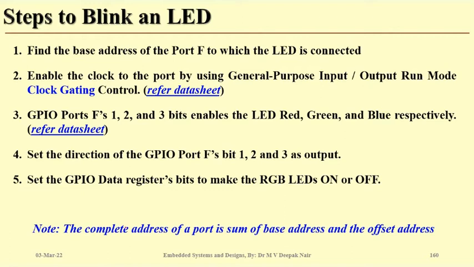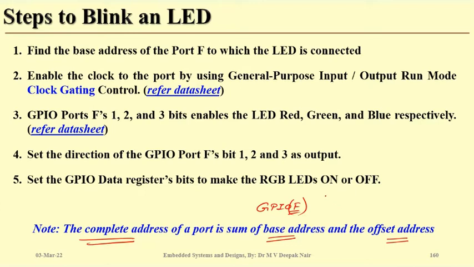To reach the complete address, we need to know the base address and then the offsets. Base address means, for example, we are interested in GPIO port F, so port F's base address we should know. Each port has multiple registers like the ones shown above: direction register, data register, digital enable register, and similarly interrupts and other features.